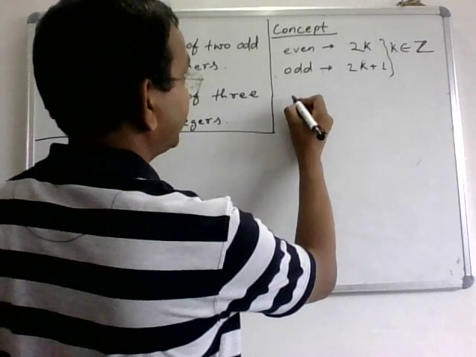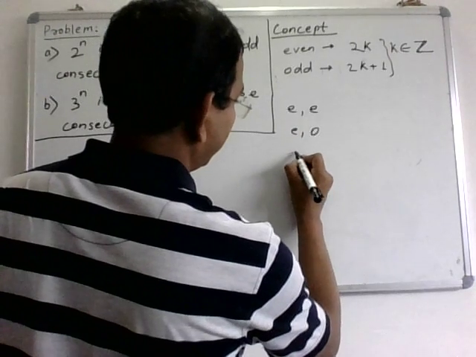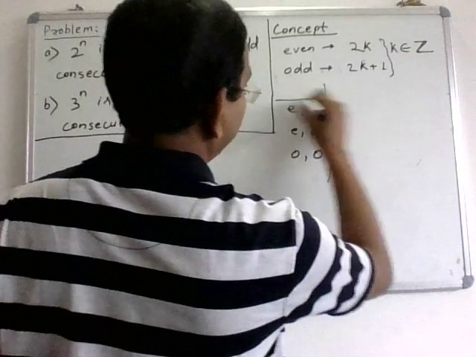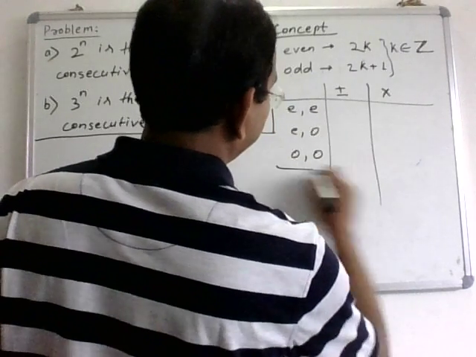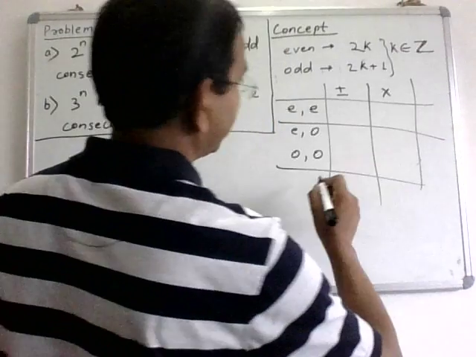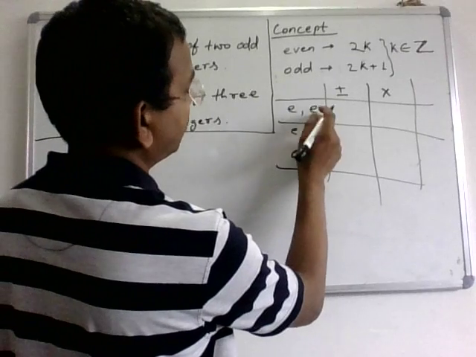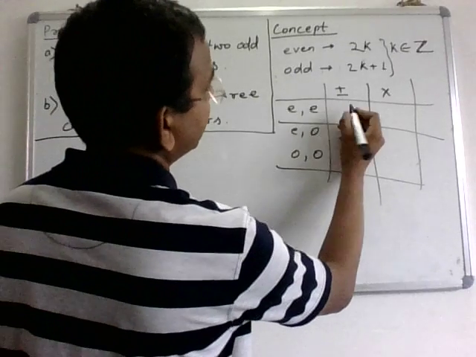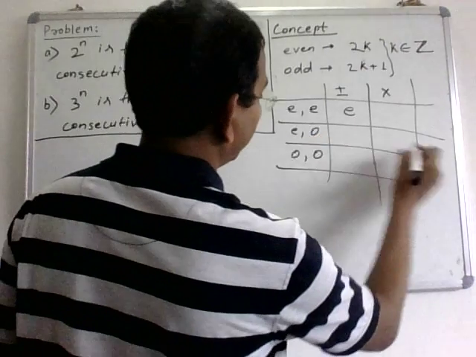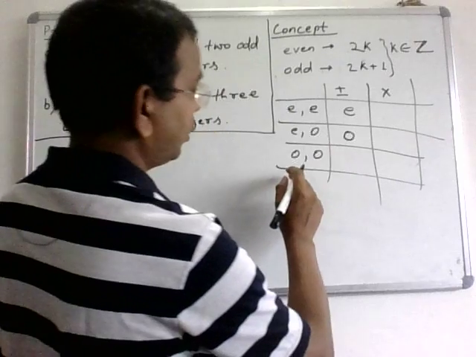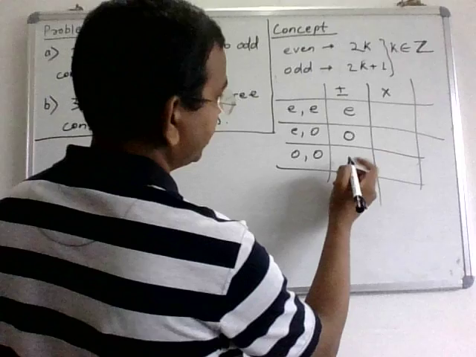Here I am going to explain. Suppose you have even and odd numbers, and you are doing plus or minus, division, multiplication. So what is the result? When you do plus or minus on two numbers, even plus or minus even is always even, even plus or minus odd is always odd, and odd plus or minus odd is always even.